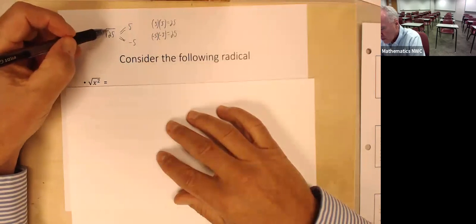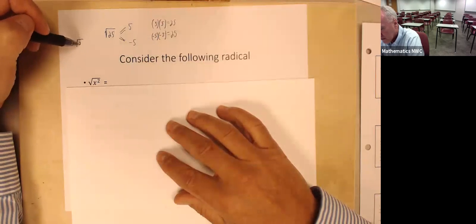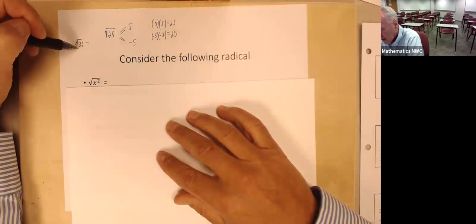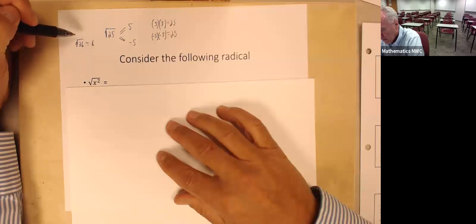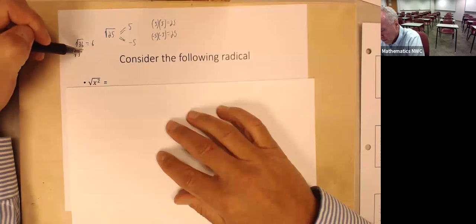Usually, when there's numbers involved, for example, the square root of 36, they're implying the positive root. If they want you to write the negative, they usually put the negative out front.